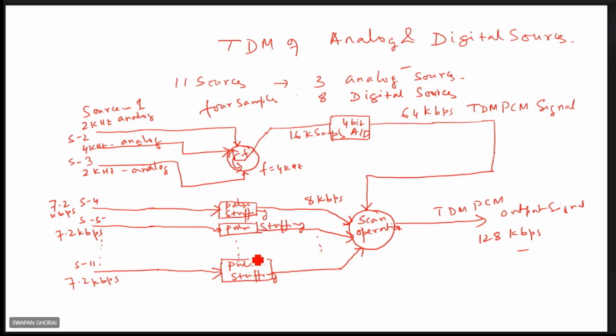Using pulse stuffing, you get the data rate for each source and the total data rate. After these operations, you will get the TDM PCM output signal. So this is an example of how a TDM signal is generated from analog and digital sources.